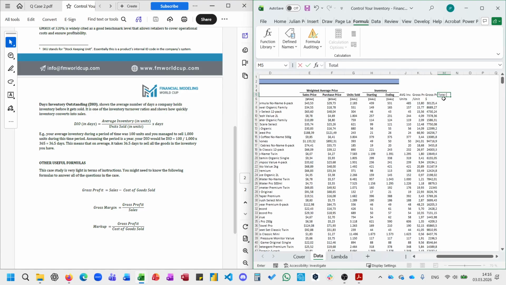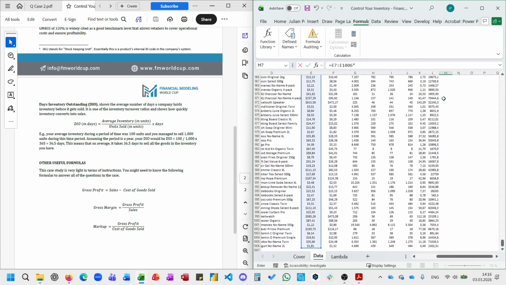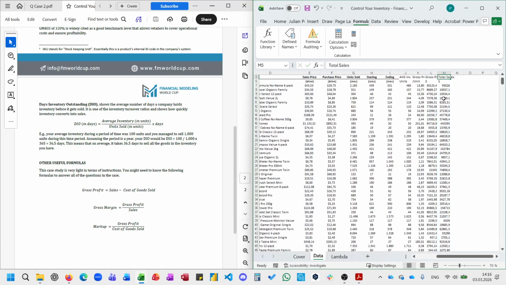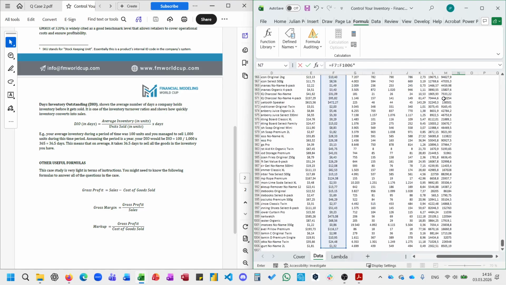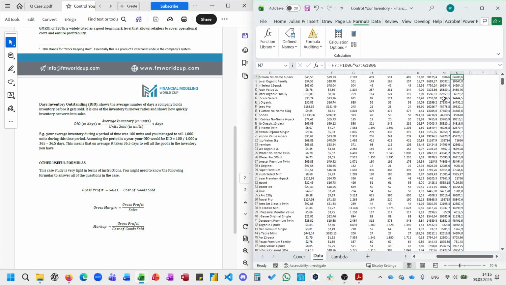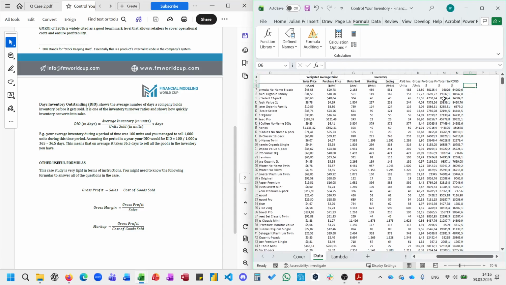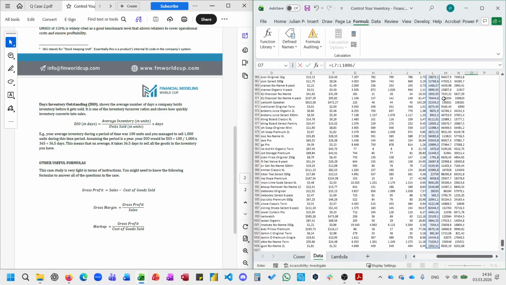Total sales is sales price times units, and COGS in total dollars. And markup in percent: gross profit divided by COGS.